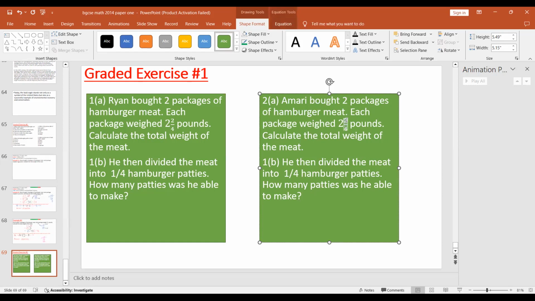Let's say it was 3/5 pounds. He then divided the meat into 1/5 pounds. How many patties did he make? Let's say this one is blue. Okay, yeah, these 2.